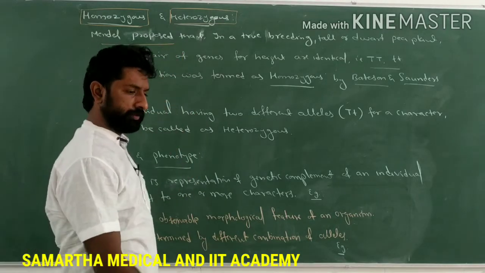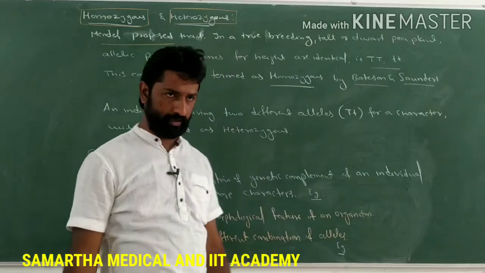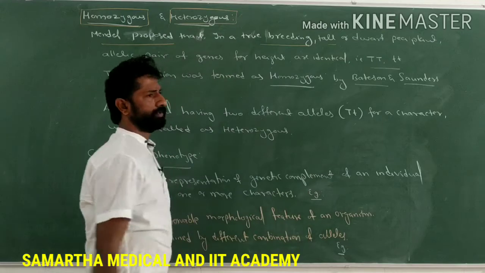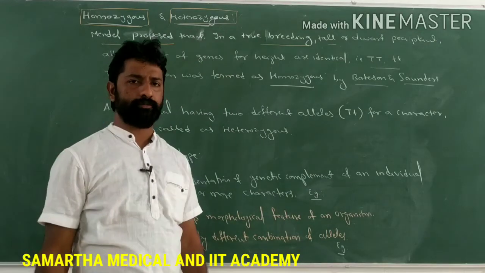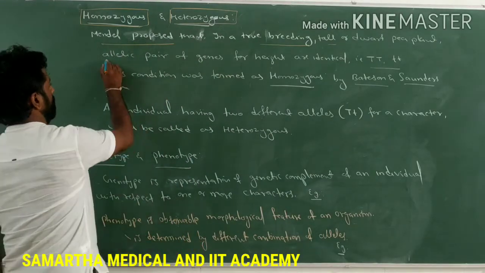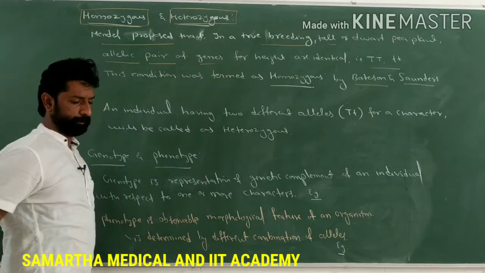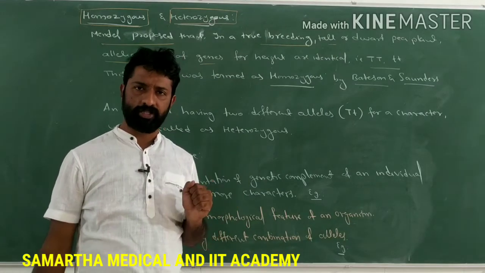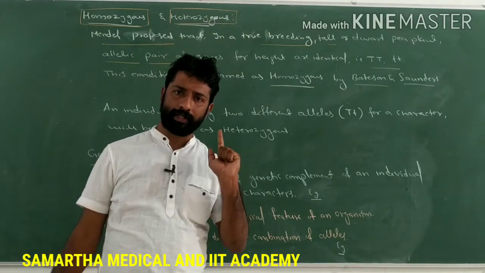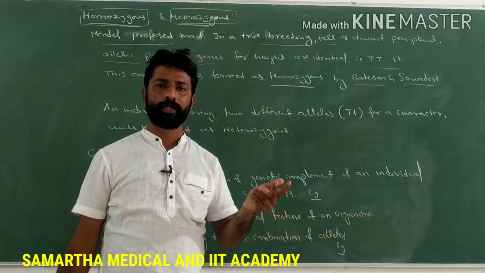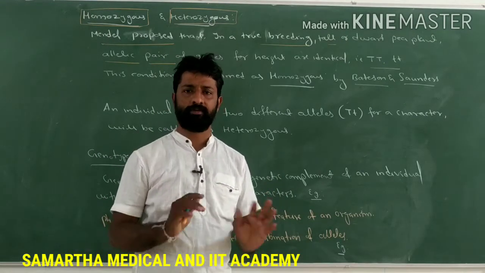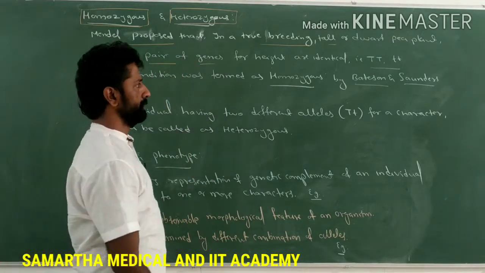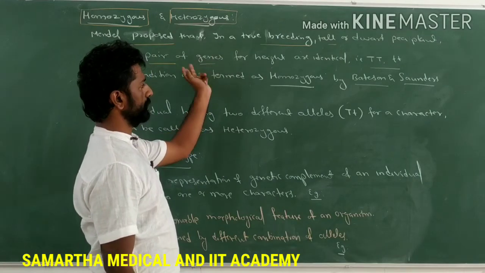See, during his observation and studies over the pea plant, Mendel proposed that in a true breeding tall or dwarf variety of the pea plant, allelic pair of genes means one pair of genes which are slightly different from each other but coding for a particular character in contrasting manner. So such allelic pair of genes means the pair of genes which are alleles to each other.